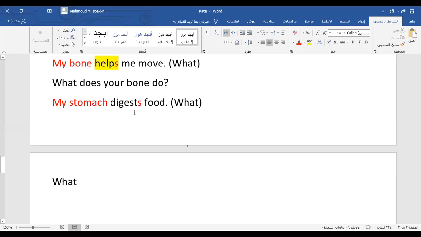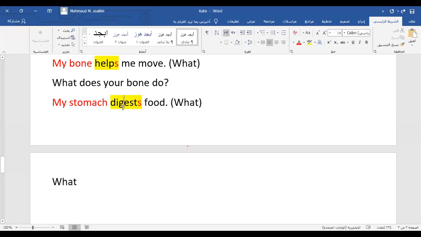Ahmed Hani, this leads us to the next question. Does the verb digests end with s? Look at the verb. Does it end with s? Can you see s at the end?